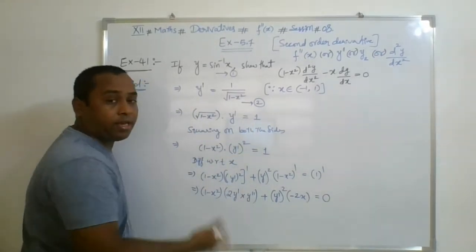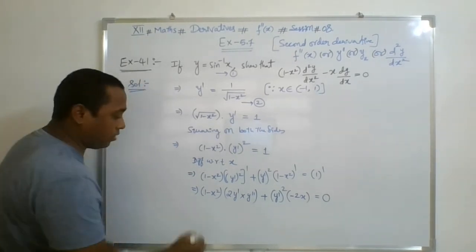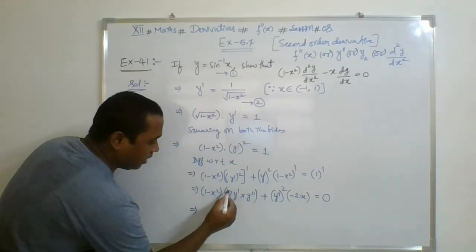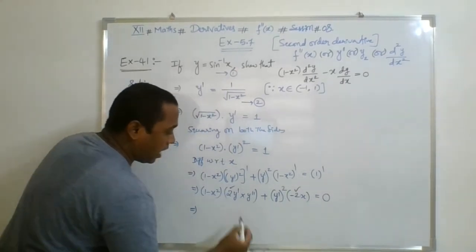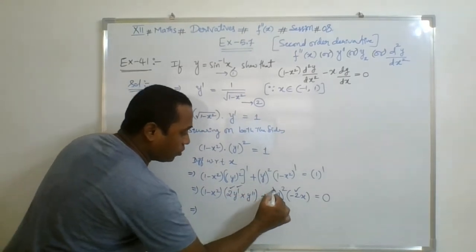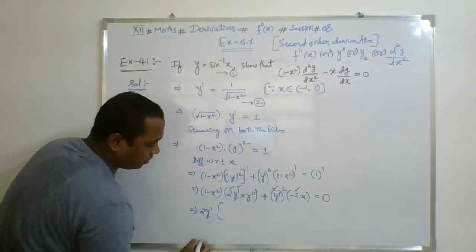After this, if I am able to take some common factor, let's take that one, and see what you will get. Here I can take 2 as a common factor, and y dash is also a common factor. So I am taking 2y dash as a common factor.